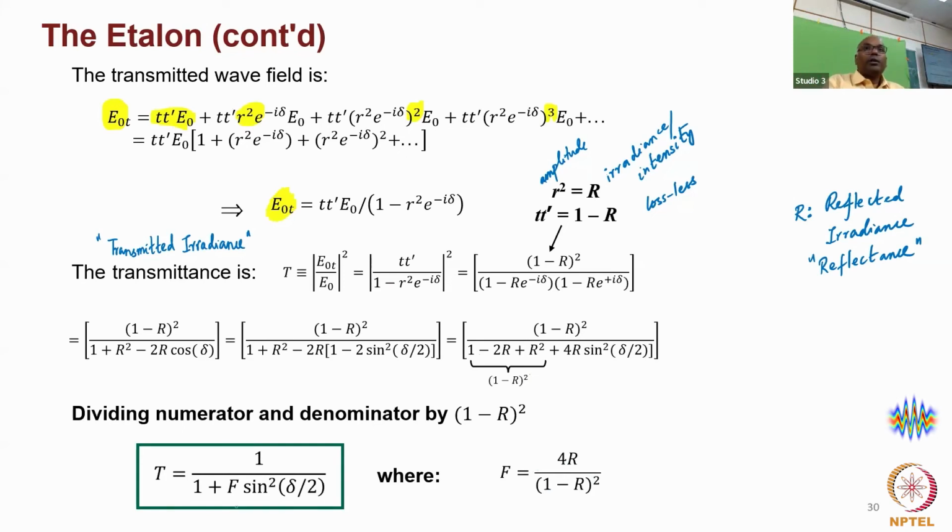One is F, 4R by 1 minus R squared. F depends only on the reflectance of the material, that is glass, in a given medium, which is air here. And delta. Delta is k times L, where L is the round trip path length and k is the magnitude of the propagation vector, which is 2 pi divided by lambda.